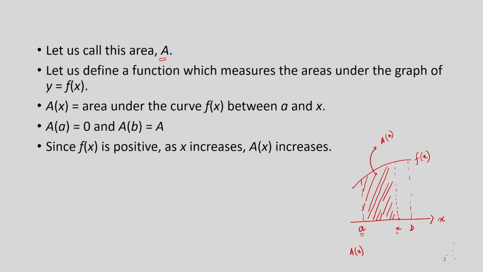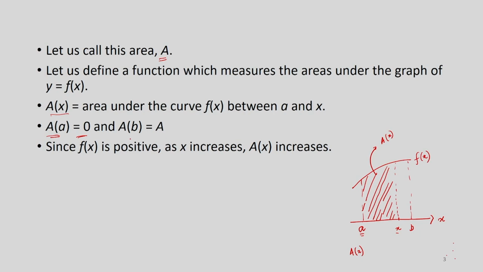Now, from this definition of this area A of x, obviously you take the two end points. If you take capital A of small a, that is, you find out what is the area between small a and small a. Between small a and small a there is no area, it is 0. Okay. That is one extreme.